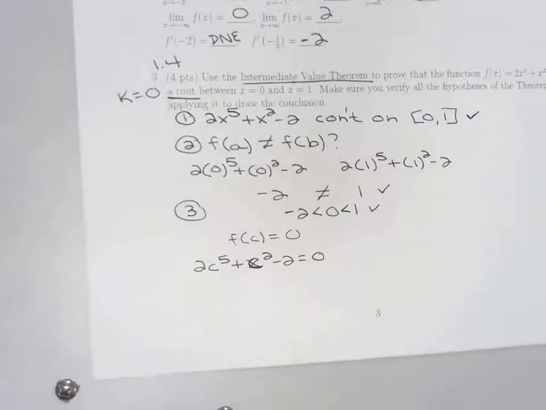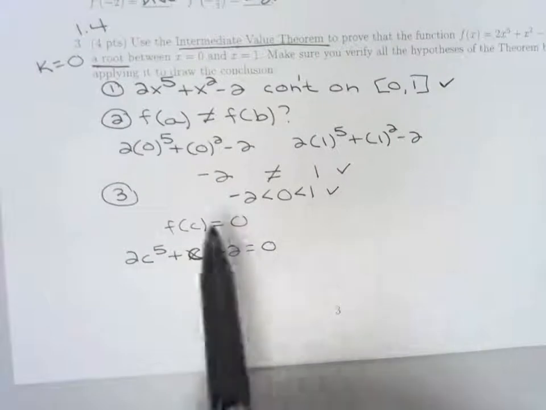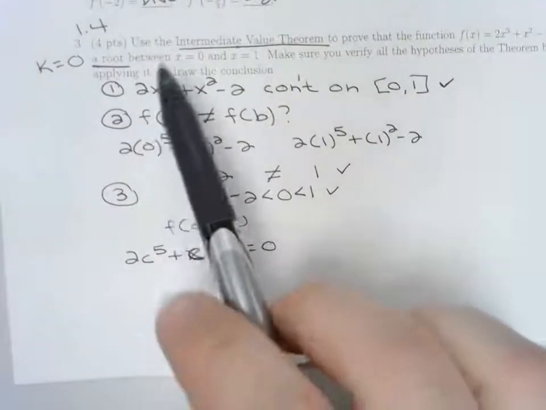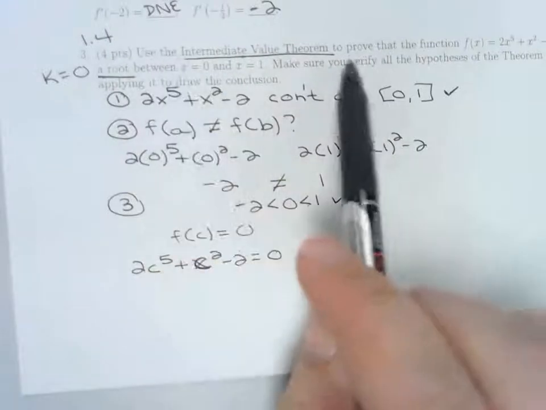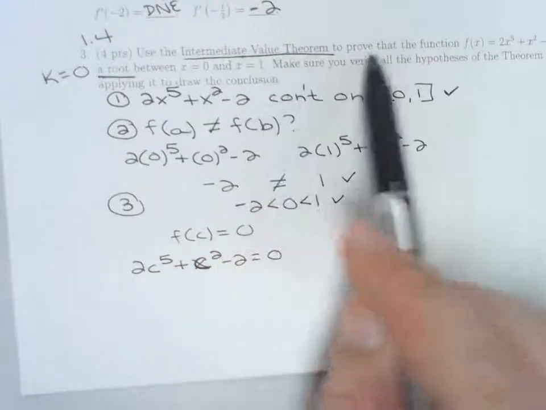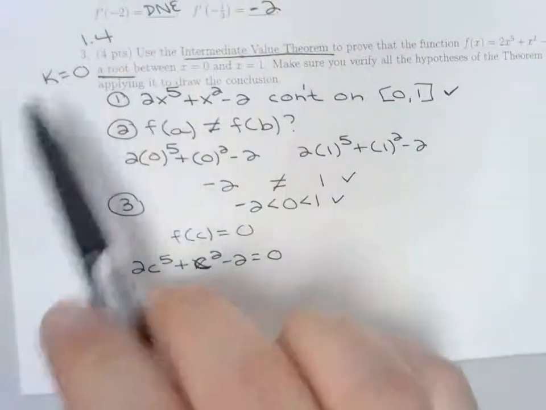And actually, this is a little different than some of the ones we had in the homework. They don't ask for c. They're not asking for the c value. They're just saying use the intermediate value theorem to prove that it has a root. All we need to do is show it.